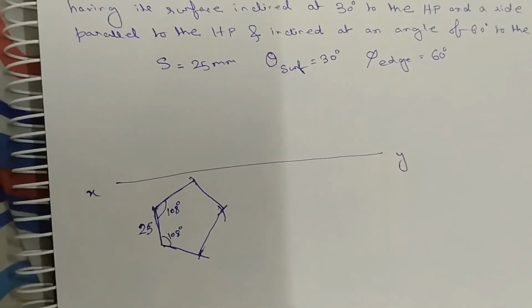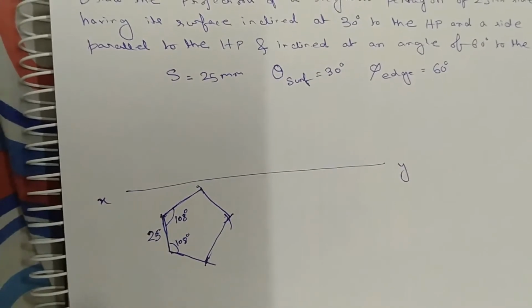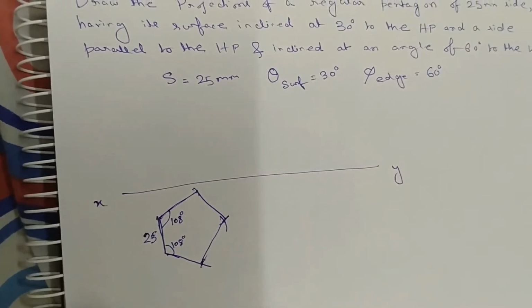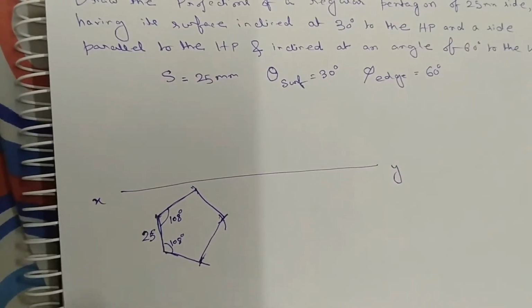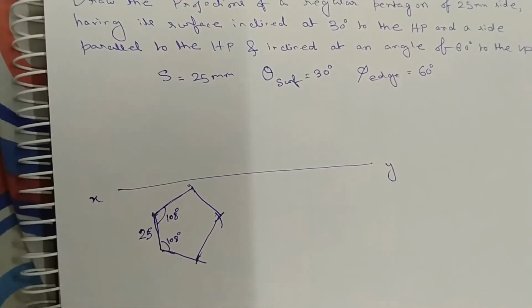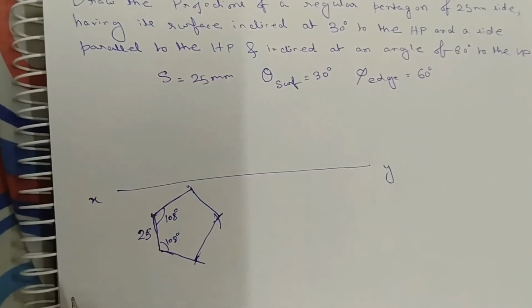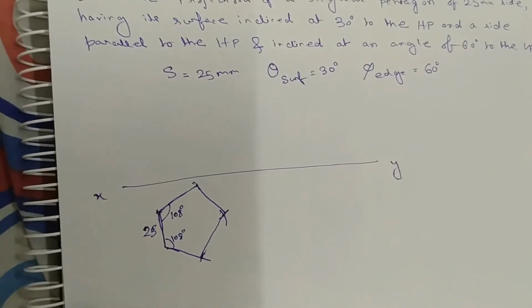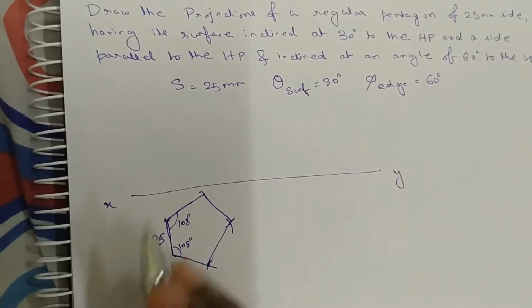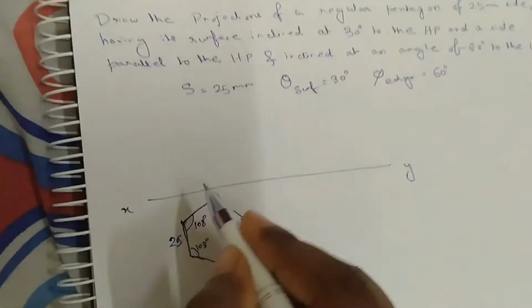After that, what you have to do? You have to go for second assumption, that is surface inclination. So we have already seen that thing. If surface is making angle with HP, obviously the angle will be seen from where? From front view. So we are going to see from front.